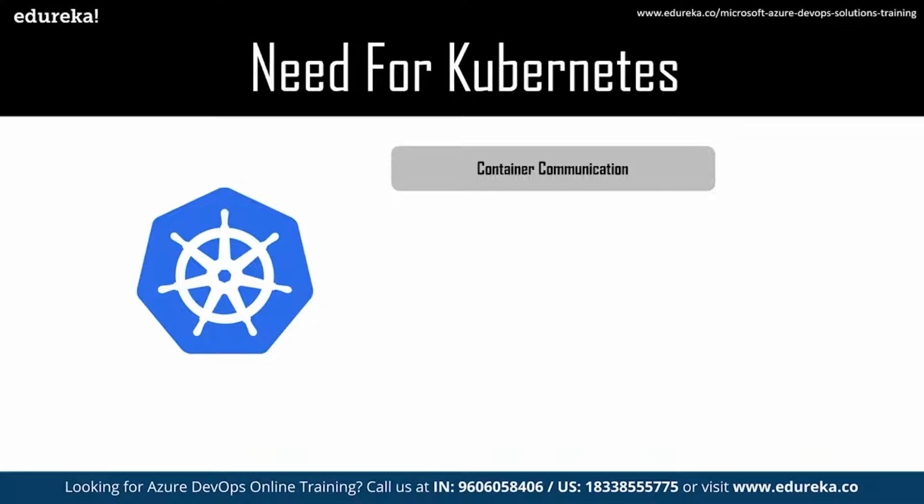Docker is something that lets you set up containers and work with containers. Kubernetes is something that lets you manage these containers, be it your Docker containers or other kinds of containers as well. So that is what Kubernetes does for you.